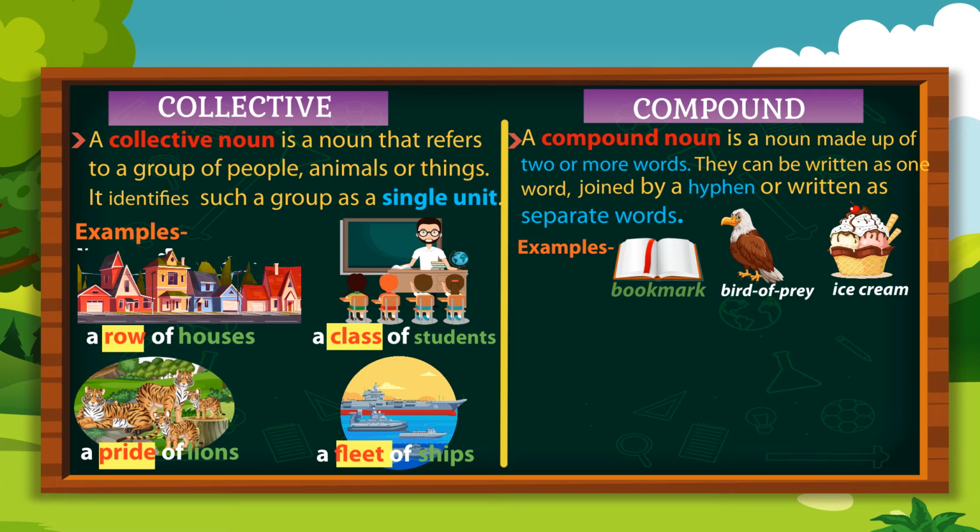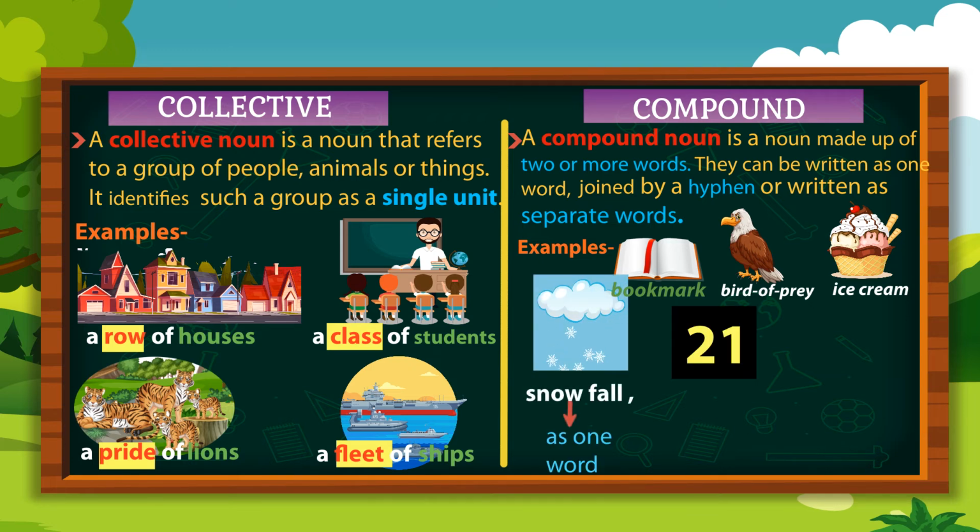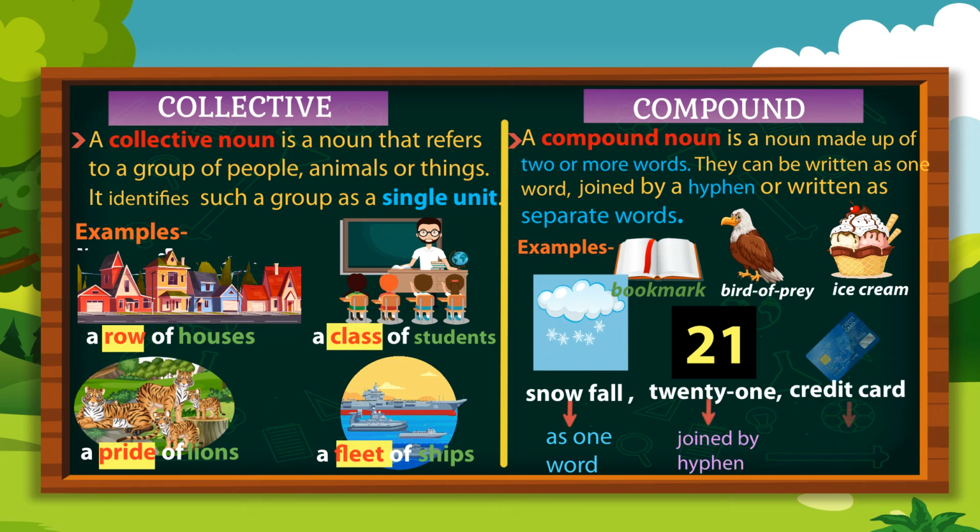Some more examples of compound nouns are snowfall, which is written as one word, 21, which is joined by hyphen, and credit card, which are separate words. Notice how the main stress is normally on the first part of the compound word.